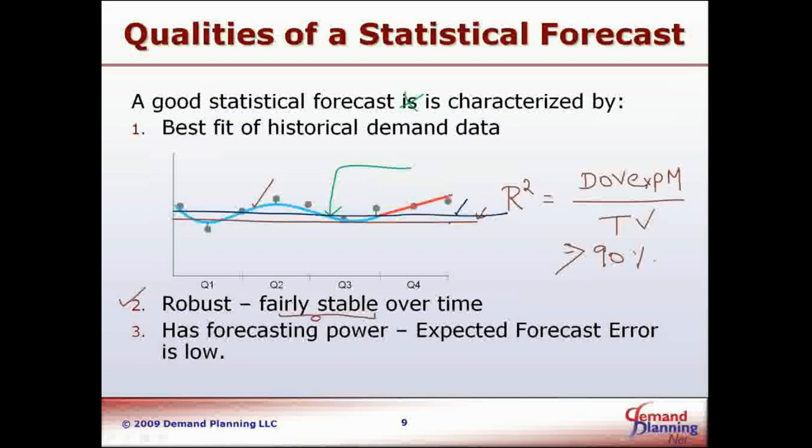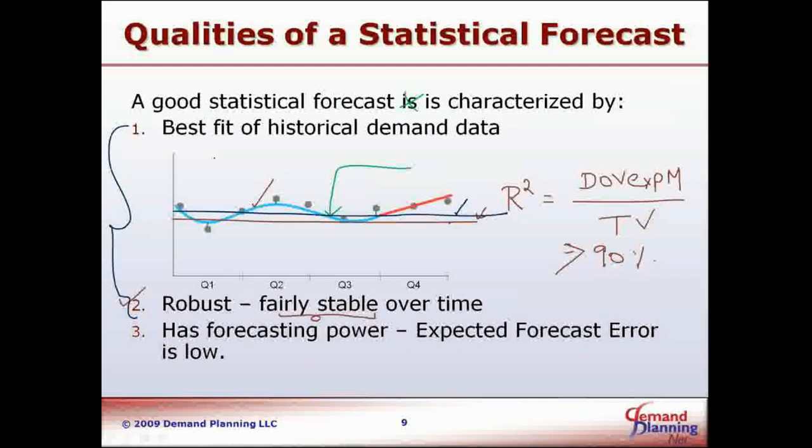Now think about this. This model is actually slightly better than this one, because at least it's cutting through the data points and it's in the middle. In terms of robustness, this model would be fairly robust in the sense that most of the forecast is a straight line. The adjustment would be slightly off. Whereas this model would not be as robust as this one, because it would change depending on the most recent observation.